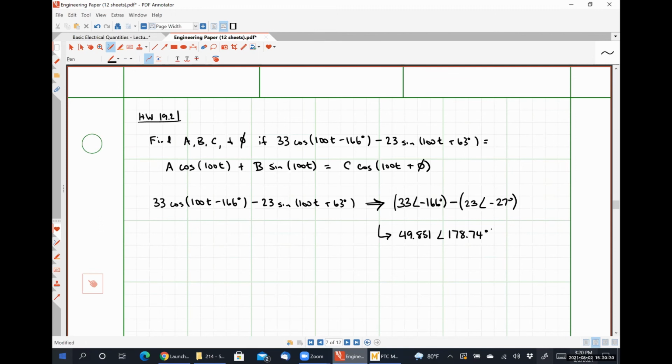All right. So converting this phasor back to a cosine function would give us 49.851 cosine(100t plus 178.74 degrees).